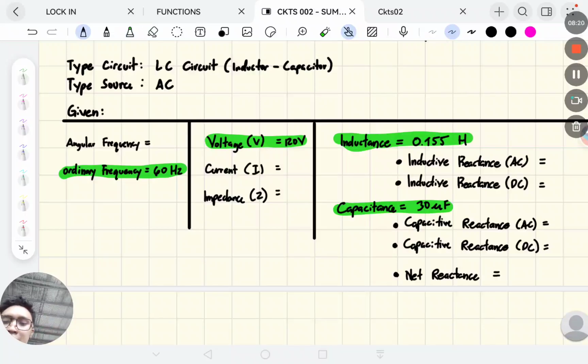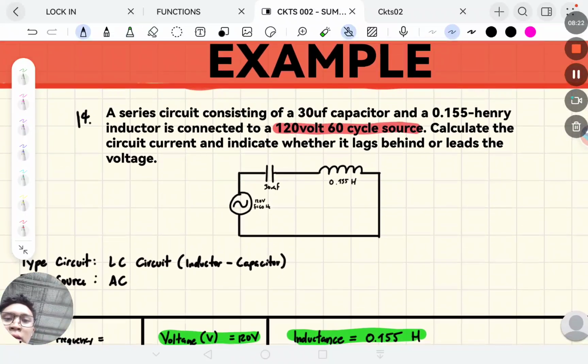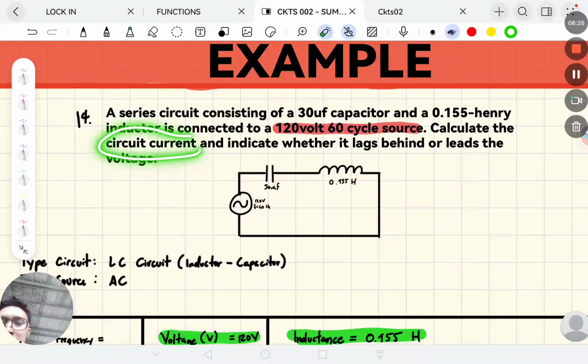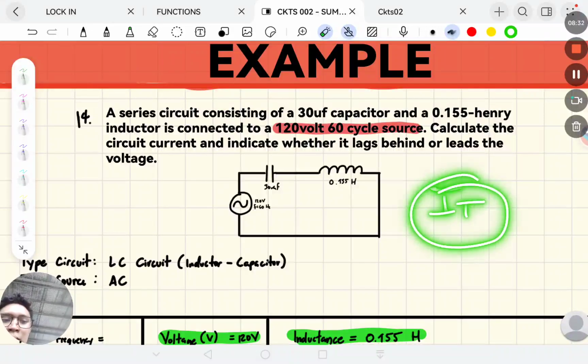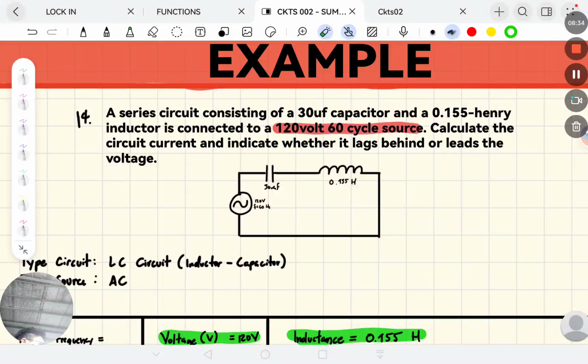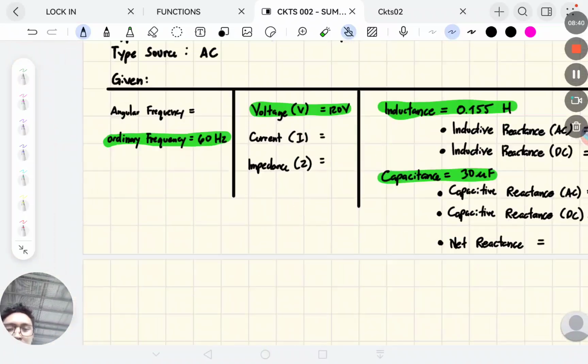Sabi, find the current. Calculate the circuit current. Or yung circuit current. Total current. And ano ang total current natin?